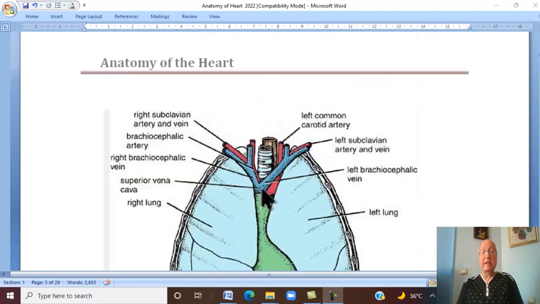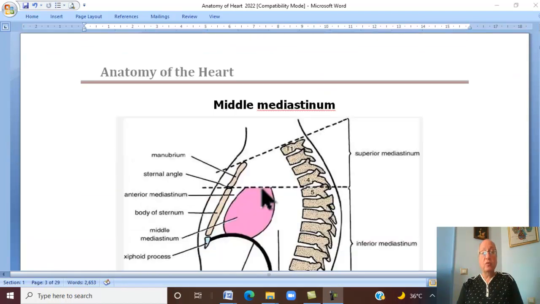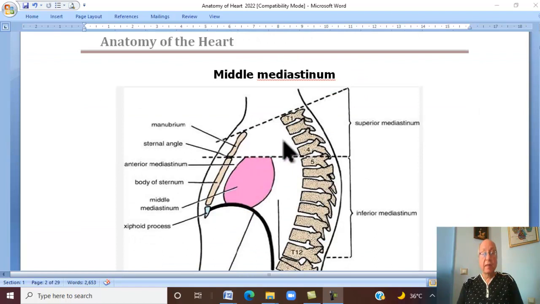The mediastinum is divided into superior mediastinum and the inferior mediastinum. The inferior mediastinum is divided by the pericardium, which is a sac covering and surrounding the heart.